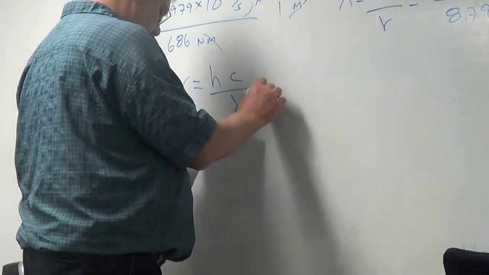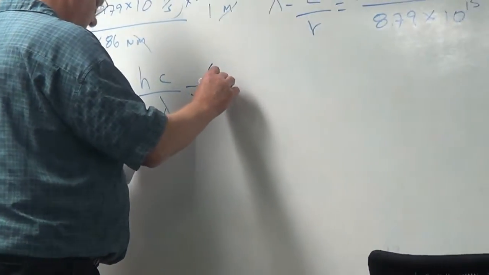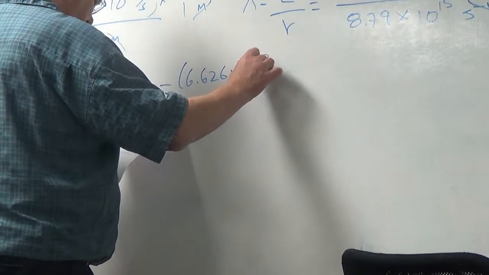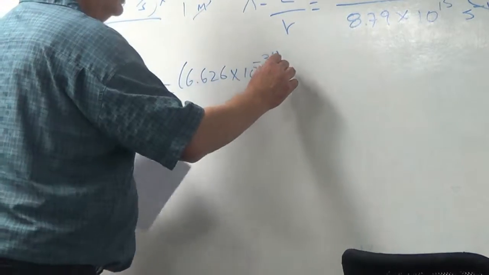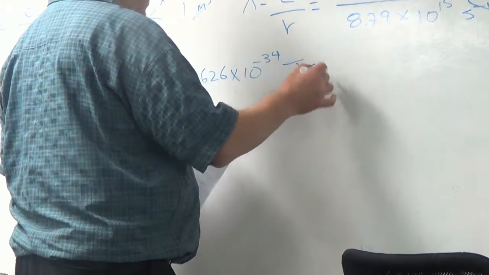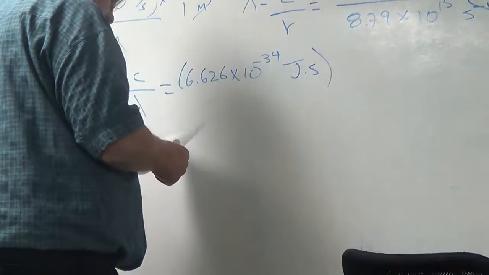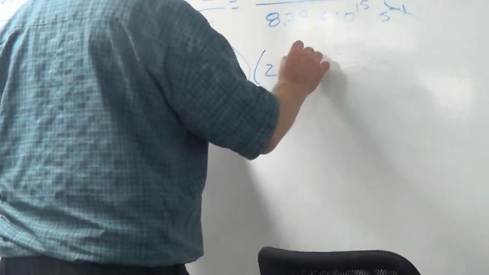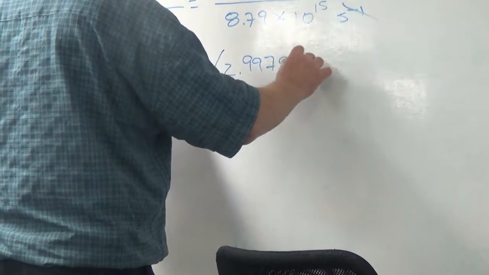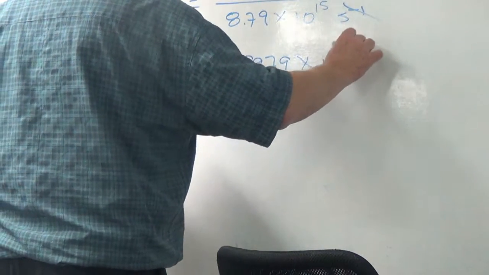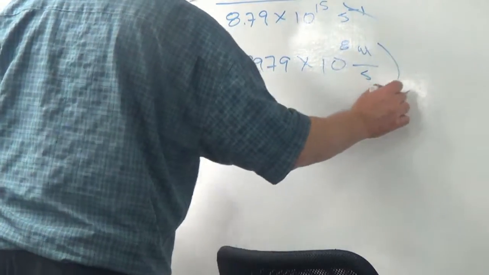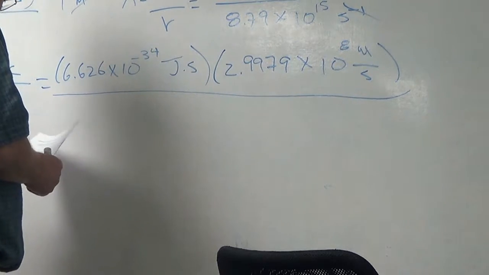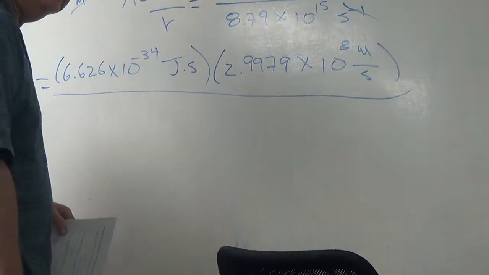So, Planck's constant is 6.626 times 10 to the minus 34 joule seconds times 2.9979 times 10 to the 8th meters per second divided by, conveniently they give you the wavelength in meters so you don't have to worry about changing it.